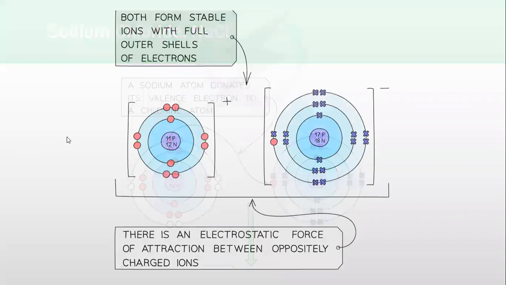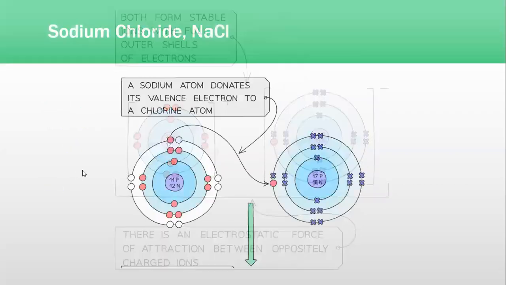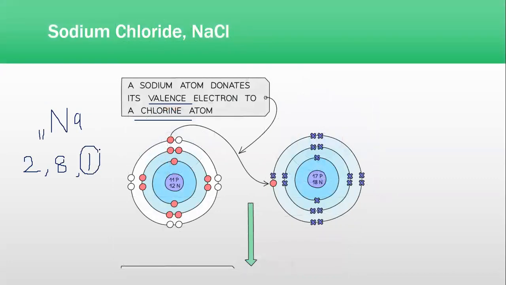What is the new electronic configuration of sodium now? Now it is an ion. It contains 10 electrons, so it would have 2 and 8 because it has lost this electron. Chlorine, having 17 electrons, had an electronic configuration of 2, 8, 7, so 10 plus 7, 17.